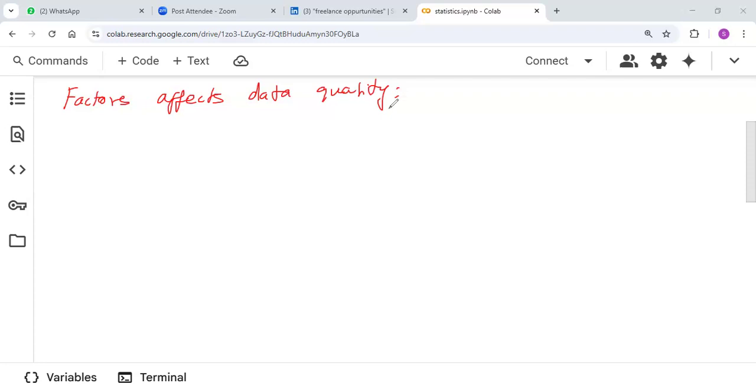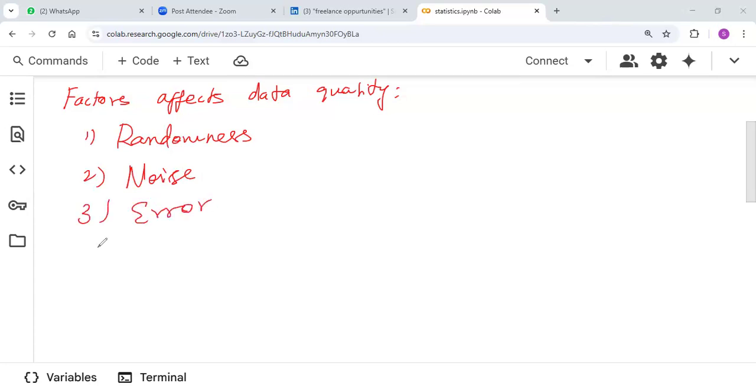You have several factors, like randomness. Randomness is one factor. Error, noise is also another factor, which in turn is a type of randomness.